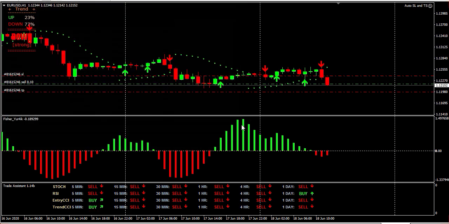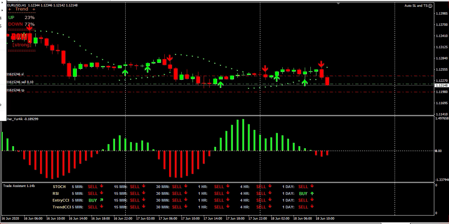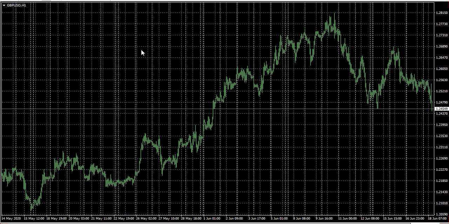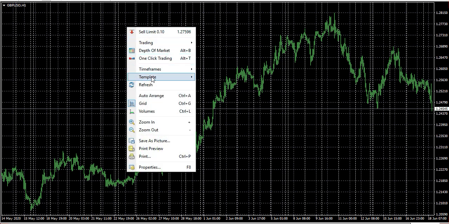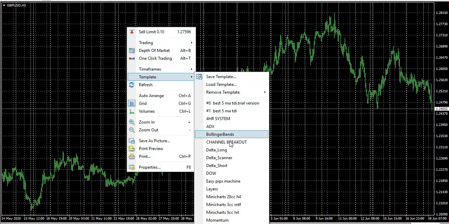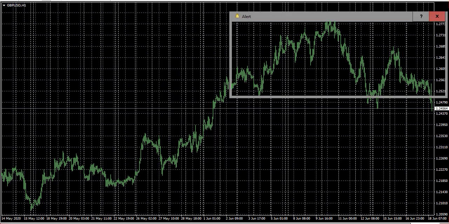Okay, right, now open another one. Let's open a GBP USD chart, new chart, GBP USD, and we go to template and go to no brainer. There it is, no brainer.